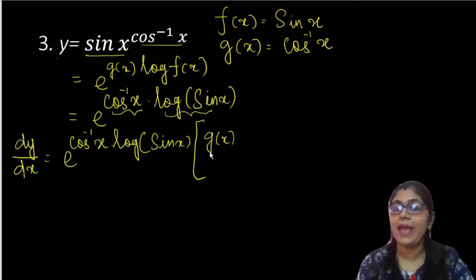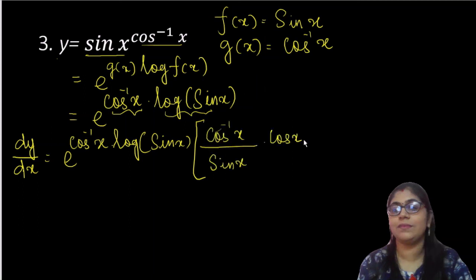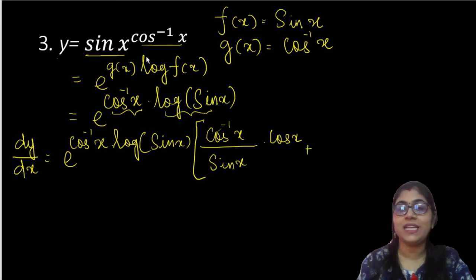So instead of g x, we'll write here cos inverse x divided by f x, that is sin x, into f dash x, that is cos x, plus g dash x. What is g dash x? If g x is cos inverse x, g dash x is minus 1 by root over of 1 minus x square. For this type of sums, you have to remember all the formulas, into log of f x. So log sin x.